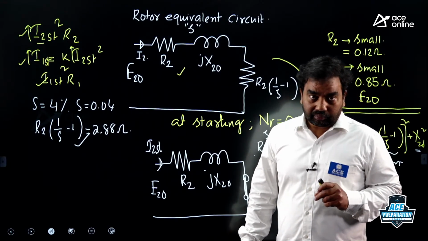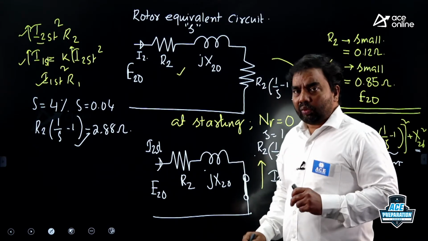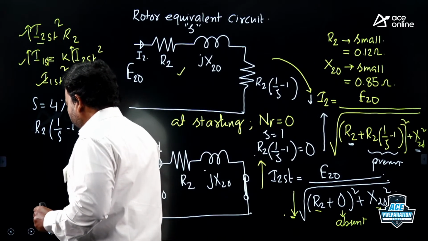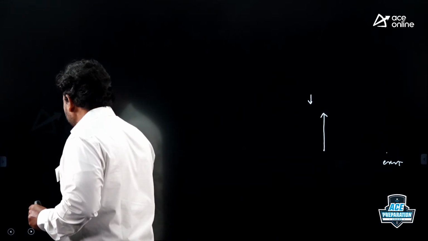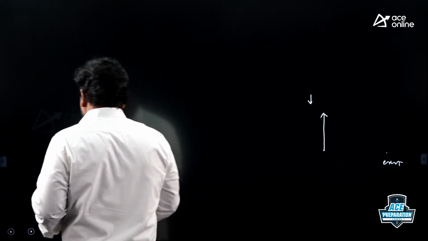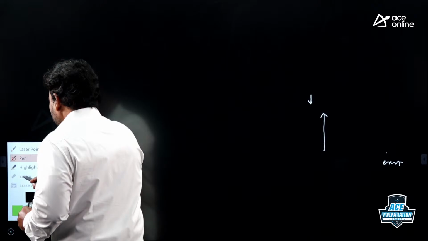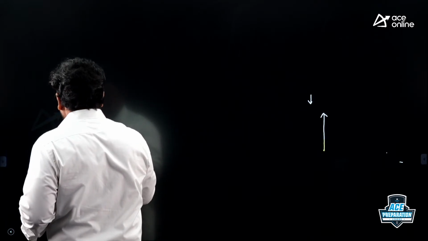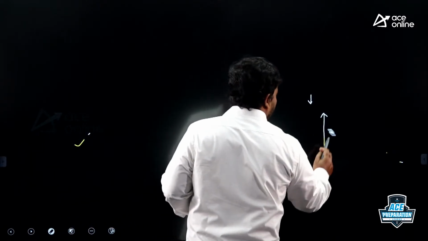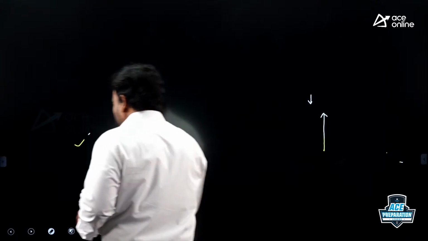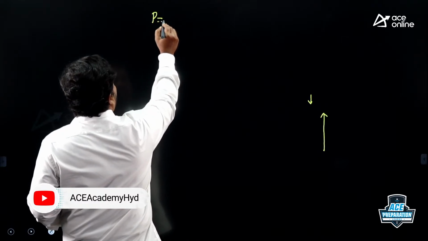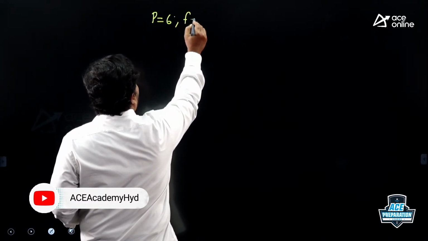Now my question is, sir, we agree with respect to the equation, but what is the real mechanism? Now let us assume this is a 6-pole induction motor, excited with a 50 hertz supply.